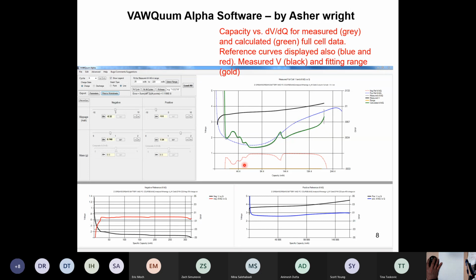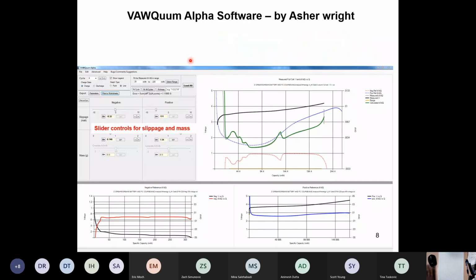And the fitting range, you can use fitting to fit the various parameters in the program. The fitting range is displayed by this gold bar down at the bottom. What are you allowed to vary? There's 4 things. You have the negative electrode active mass, the positive electrode active mass, the negative electrode slippage.